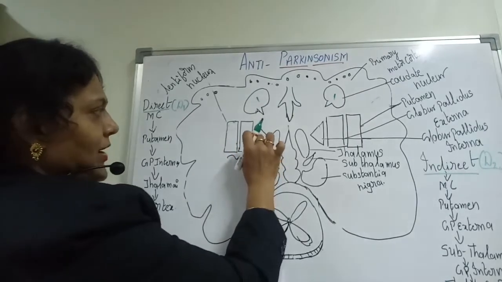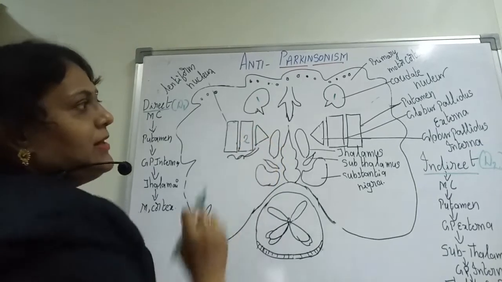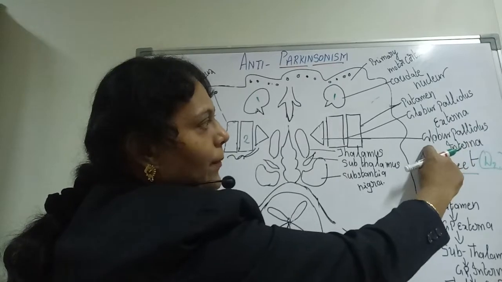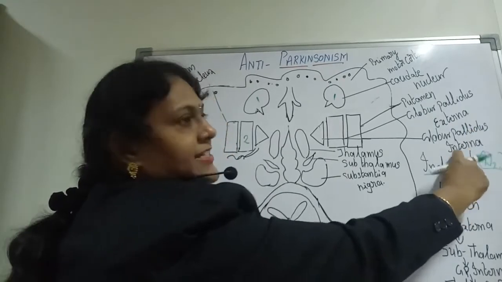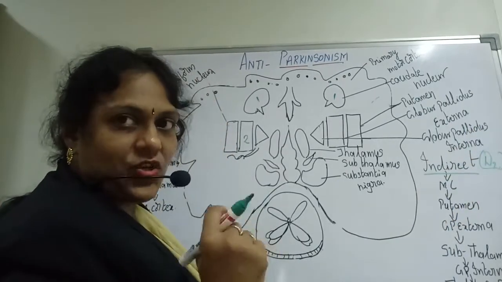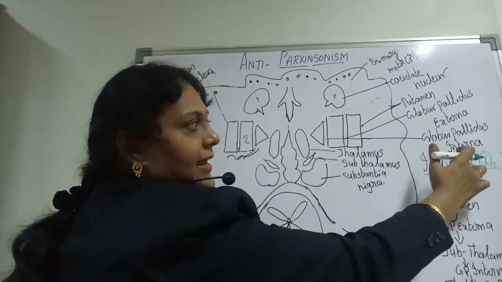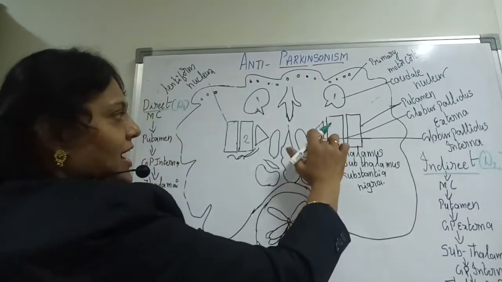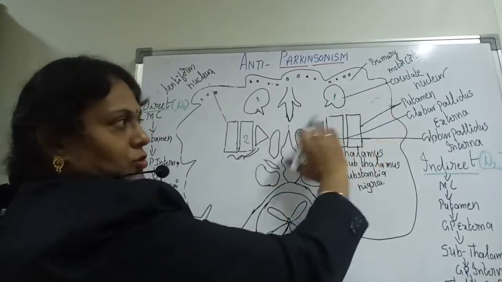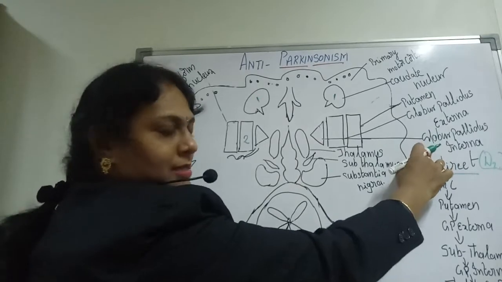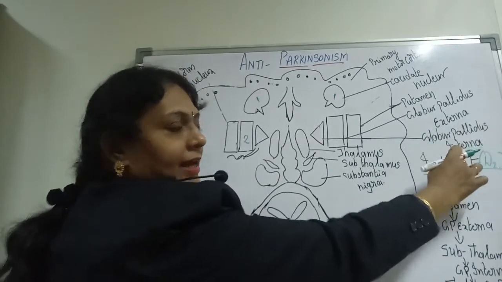The first one, which is triangular in shape, I've indicated here: it is called the globus pallidus interna. So the triangle part which is present on both sides is called the globus pallidus interna.